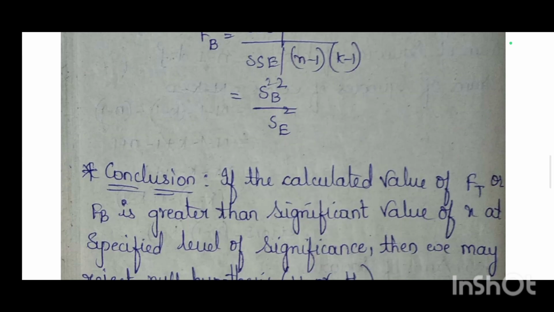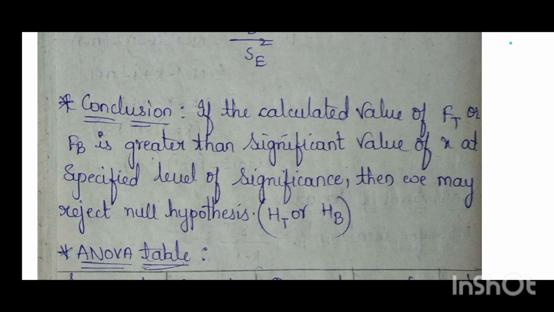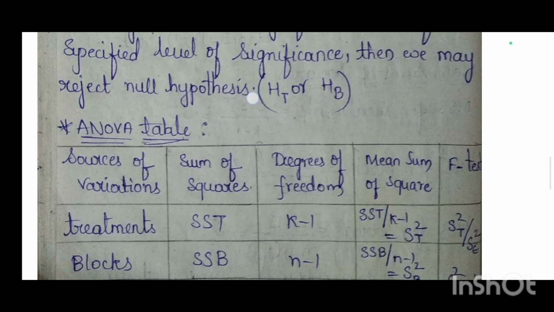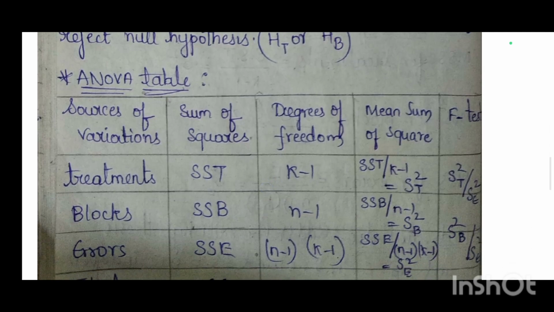So the conclusion: if all the calculated values for treatments and blocks are less than or equal to the table values, then we accept. If they are greater than or equal to, then we reject the null hypothesis. What is our null hypothesis? That which we already discussed. Okay, the final ANOVA table for two-way classification.